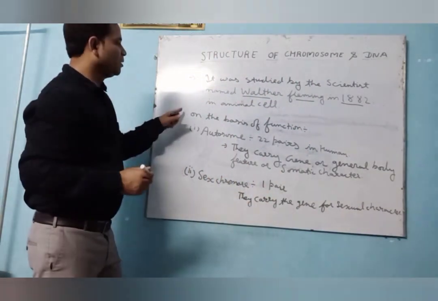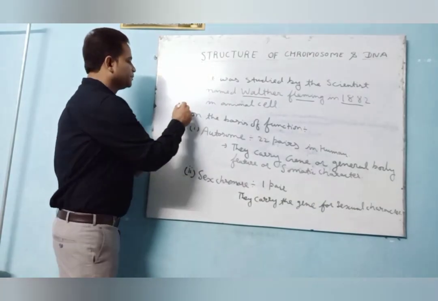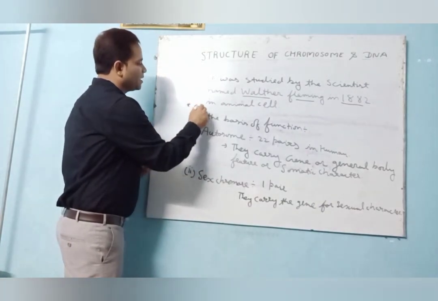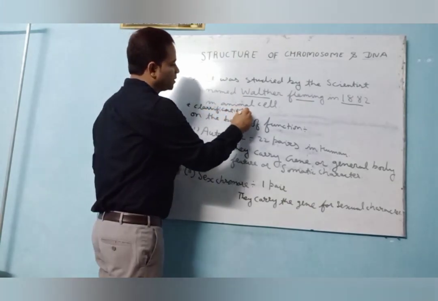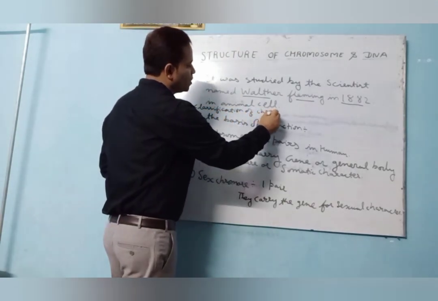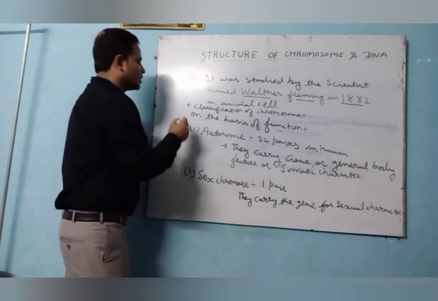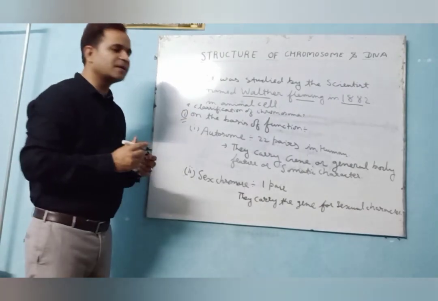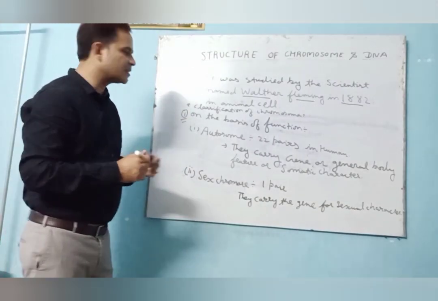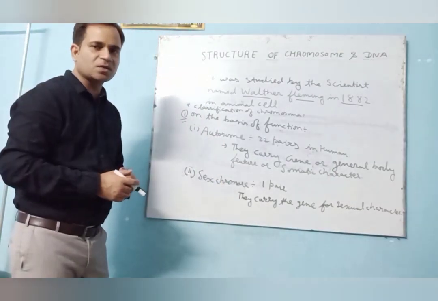So, whenever we discuss the classification of chromosomes, the classification of chromosomes, first on the basis of function. Two types. One is the autosomes, second one is what? Sex chromosomes.